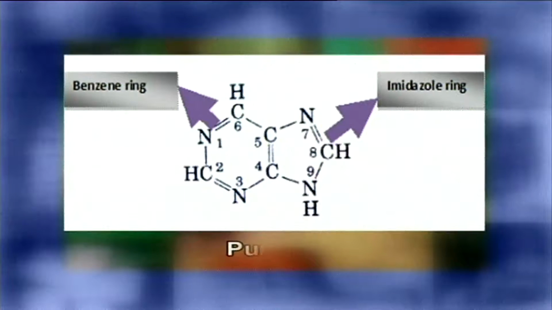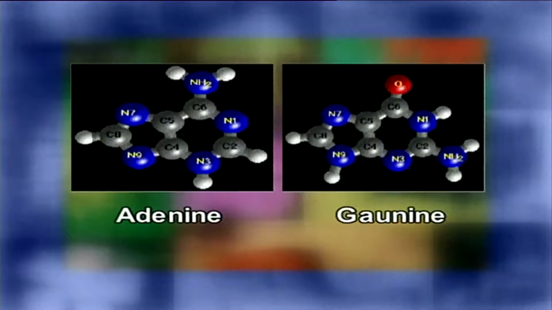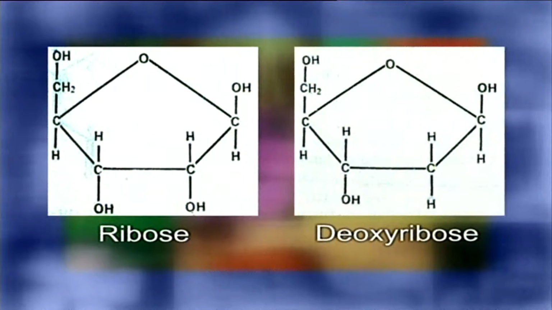The purine has a double ringed structure, that is, a 5-member imidazole ring is attached to the 6-member benzene ring. Purines are of two types: 1, adenine, and 2, guanine. Sugar, which is the second component of nucleotide, is ribose in case of RNA and deoxyribose in case of DNA.